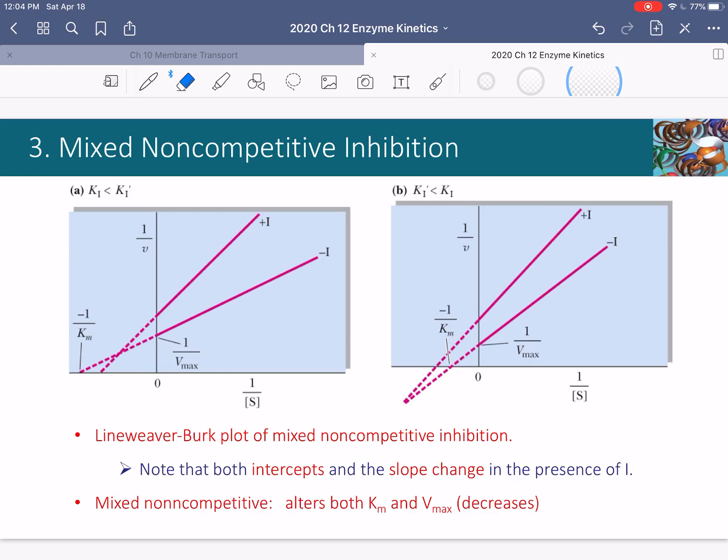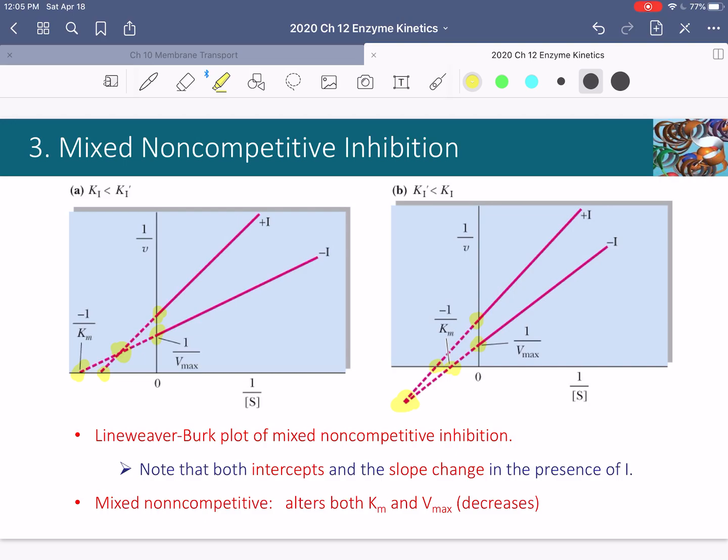Lineweaver-Burke plots of mixed non-competitive inhibition can look like either one of these plots. The lines intersect, but they can intersect above the x-axis, as shown on the left plot, or they can intersect with each other below the x-axis. The point is both the Vmax, which is represented by the y-intercept, and the Km, which is represented by the x-intercept, are changing.